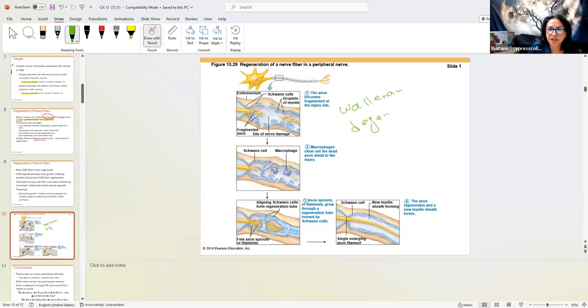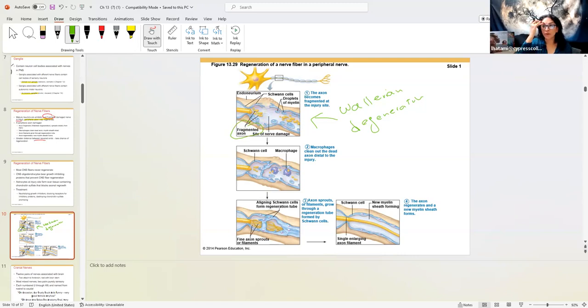Wallerian degeneration is the name of the first process that happens after an axon fiber has been damaged, as part of the process of regeneration. It means the axon becomes fragmented at the injury site, as you can see here. We have fragmented axons at the site of nerve damage.